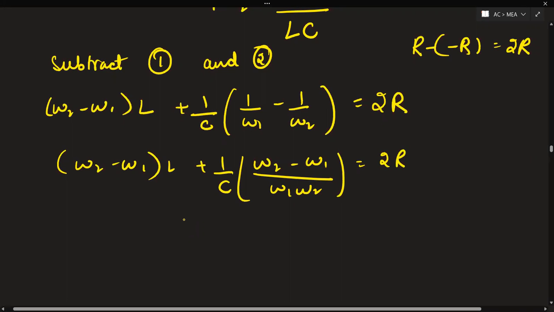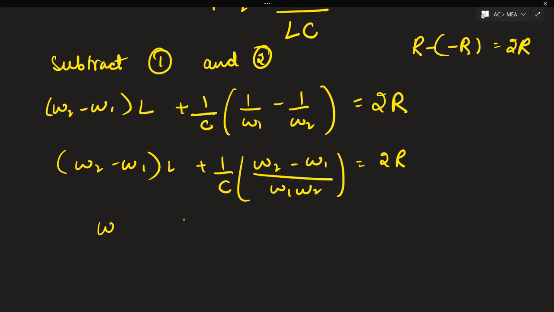Now see class, if I just take common from here, what will be left? This becomes omega 2 minus omega 1 into L plus 1 by C omega 1 omega 2 from here.